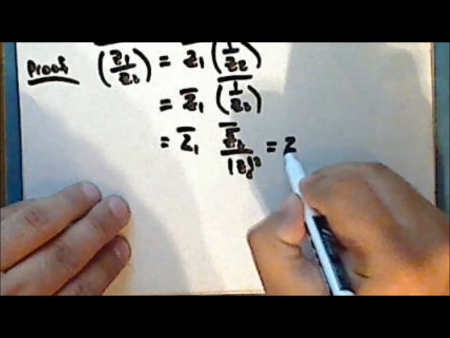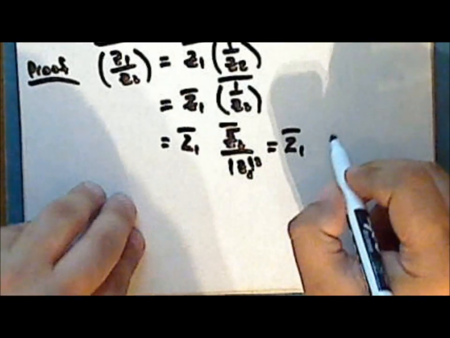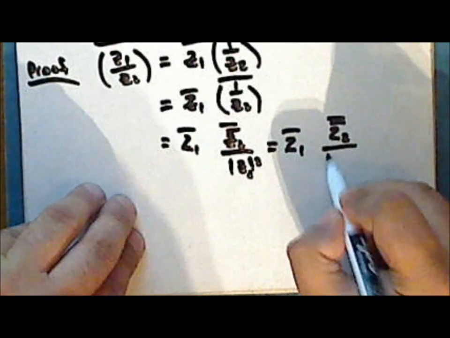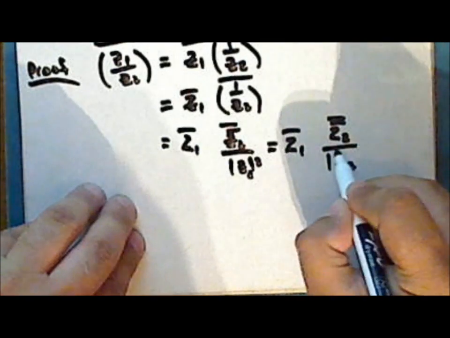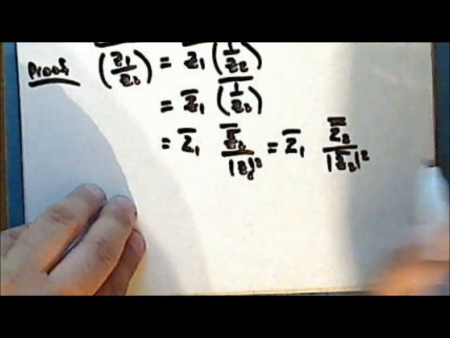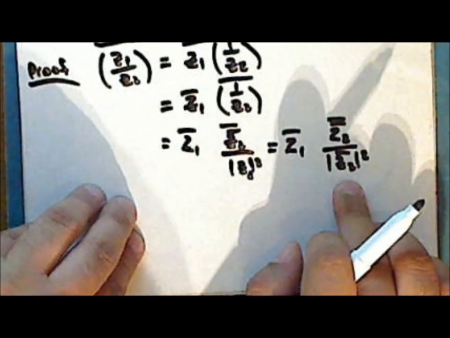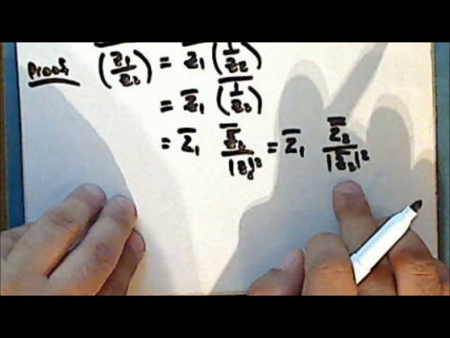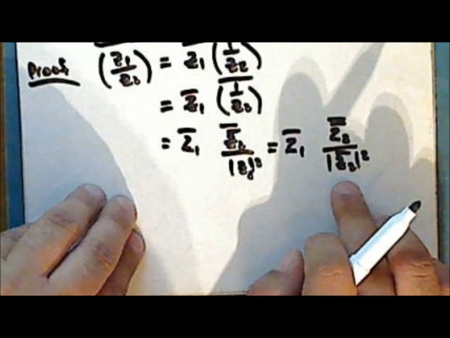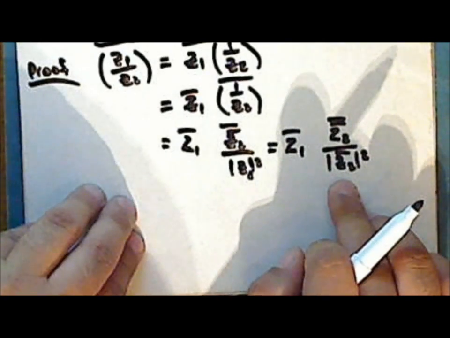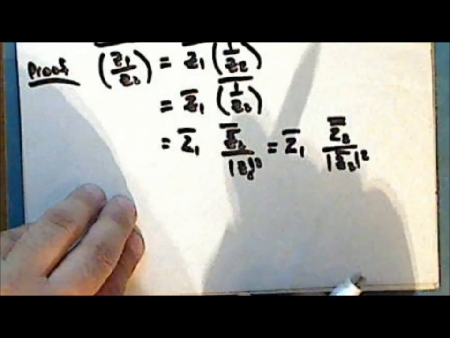This is the same as the conjugate of z sub 2 over the square of the modulus of the conjugate of z sub 2, since the norm or modulus of z sub 2 is the same as the modulus of the conjugate of z sub 2.